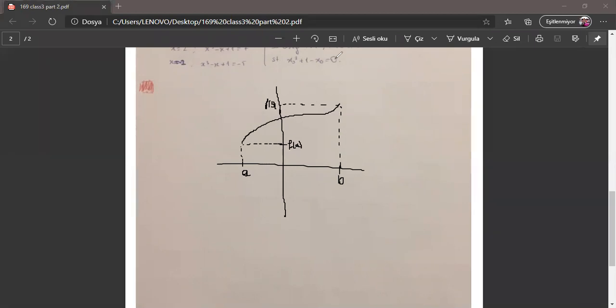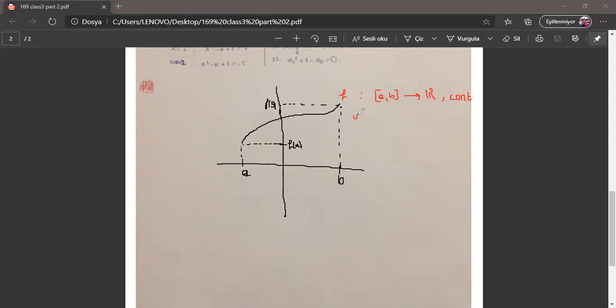So this theorem says that if you have a function, let's call it f, which is continuous on some closed interval a, b, it is defined on this closed interval, and it is continuous, right? If you have this assumption, a function defined on this interval which is continuous, okay?